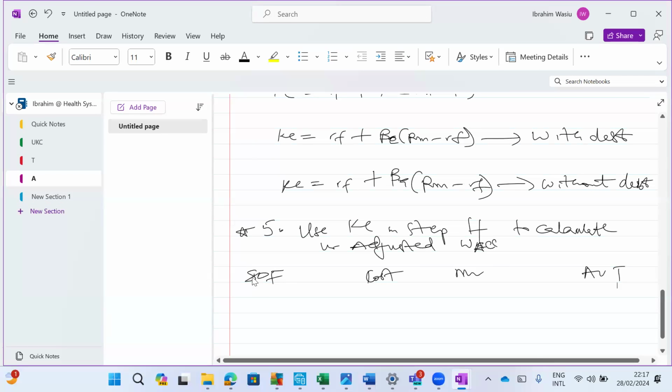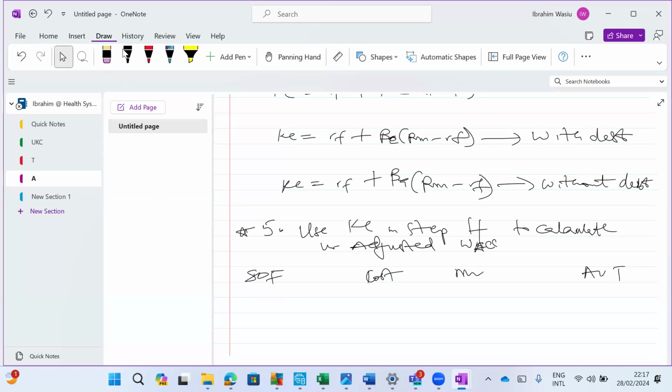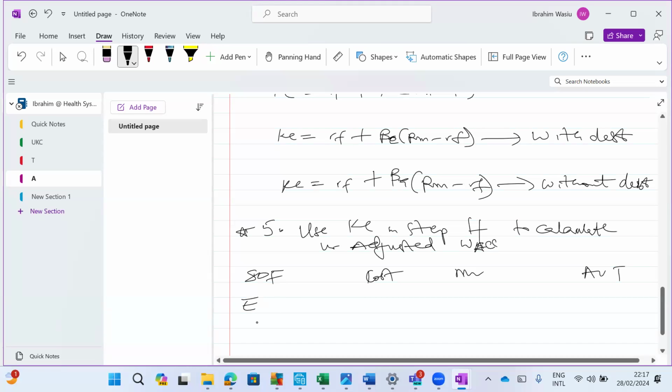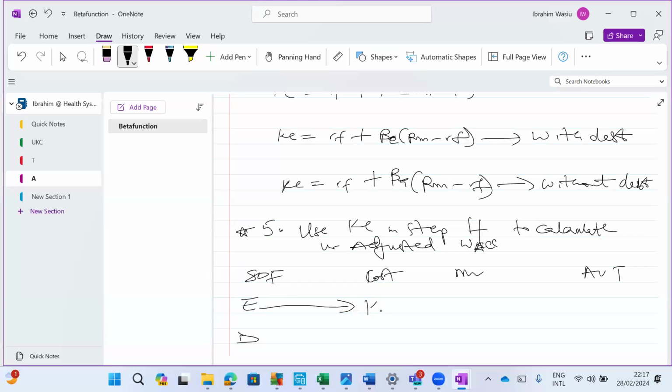Okay, so you have equity here, in no particular order. We have debt. So equity, the cost of equity, that's your step 4 results. You bring it here. The value of equity, you put it here. Cost of debt, you put it here.